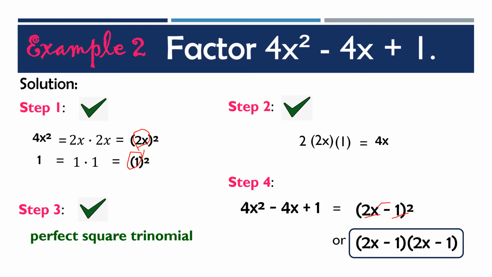How about the operation minus? We get the operation minus from the given expression, since the operation here is minus. So the factors of the expression are 2x minus 1 times 2x minus 1.